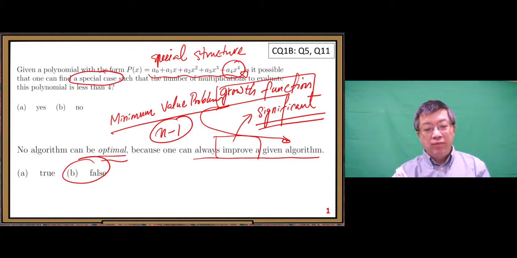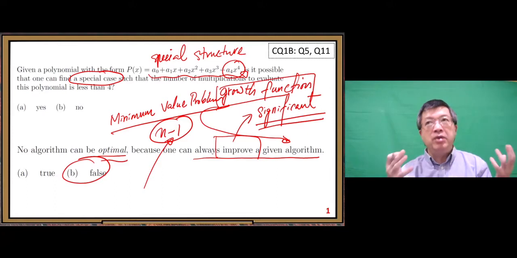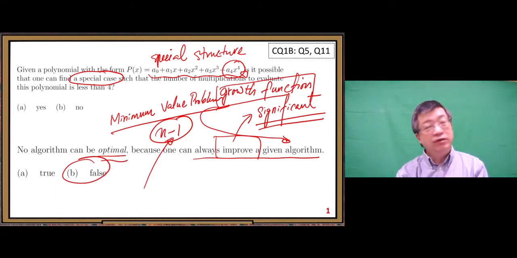And here we prove not just that the growth function cannot be improved. We prove this number cannot be reduced. This absolute value cannot be reduced in our proof. If you go back and look at our proof, we can do it, right?